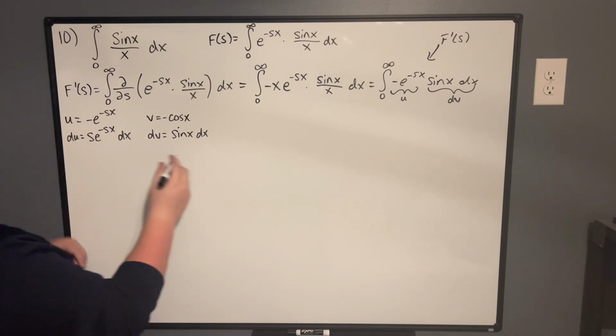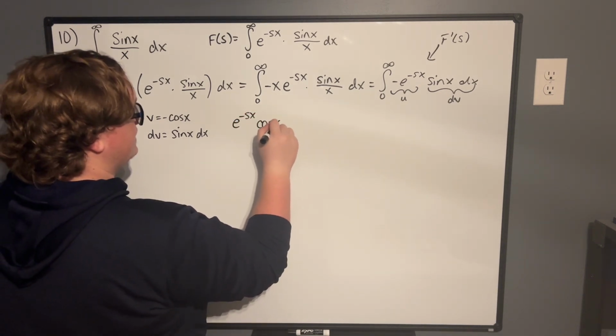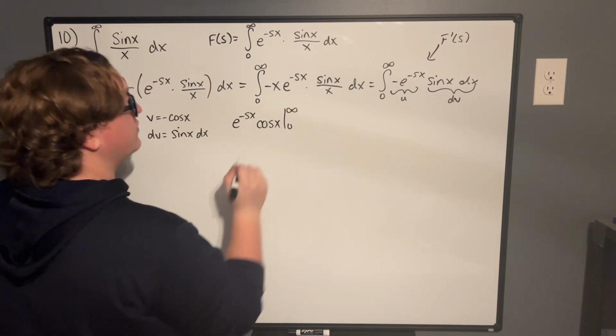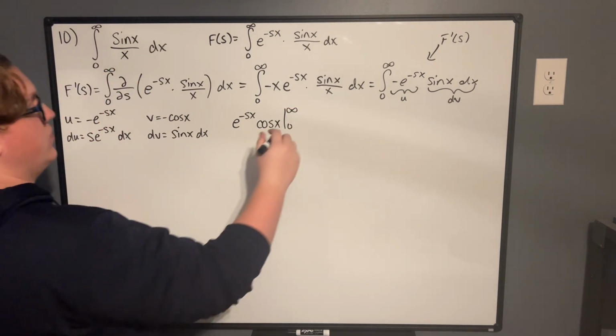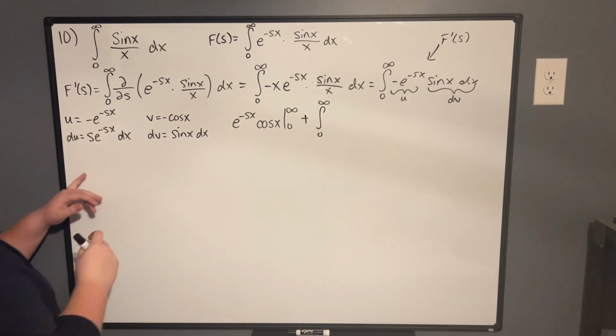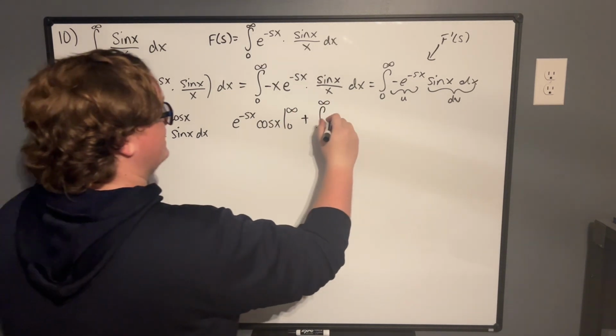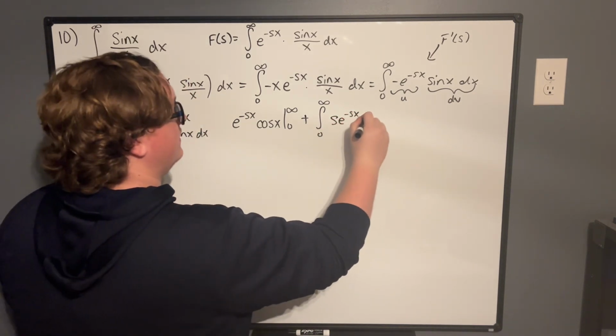So uv is just going to be e to the minus sx cosine x, evaluated from 0 to infinity because we pulled that part out. And then minus v du will actually turn into a plus the integral from 0 to infinity. We'll have s e to the minus sx times cosine x.